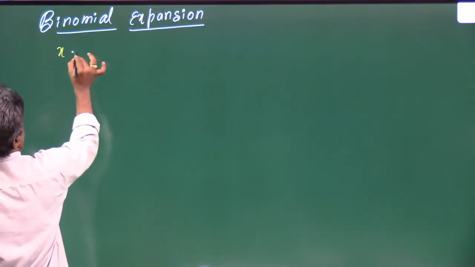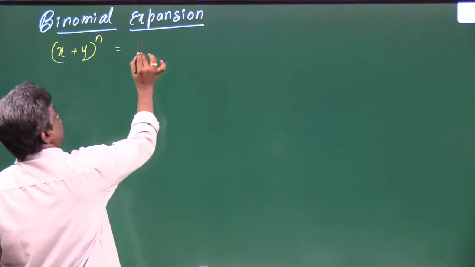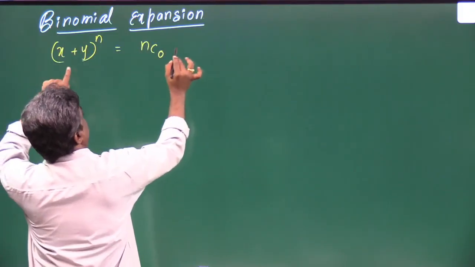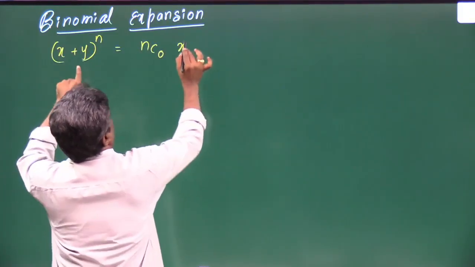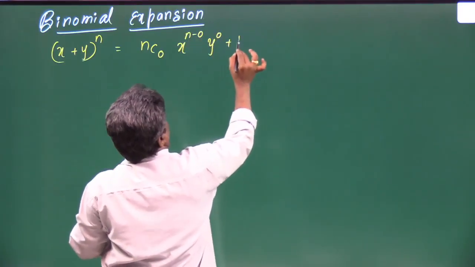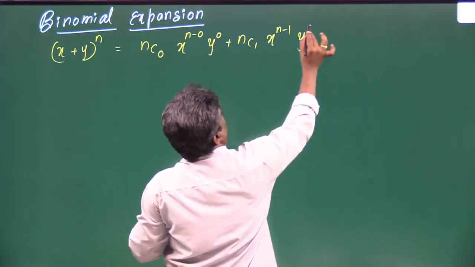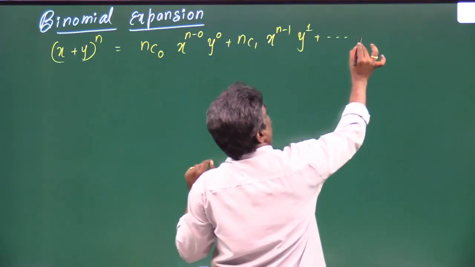You have studied it in the 10th class. Once again recollect: (x plus y) whole power n is equal to nC0 x power n minus 0 y power 0, plus nC1 x power n minus 1 y power 1, plus so on.